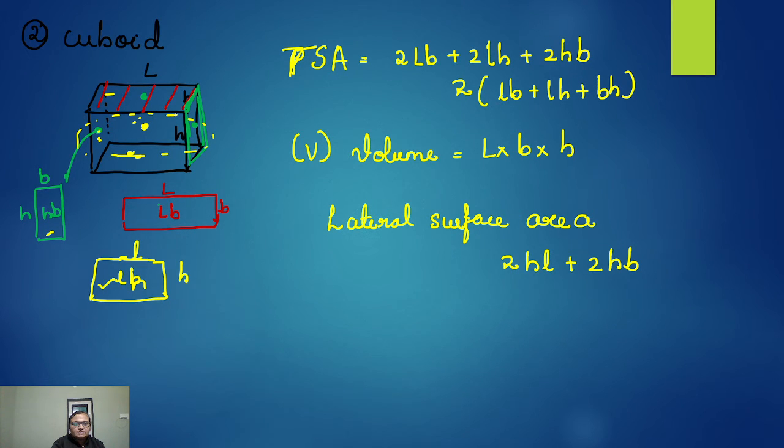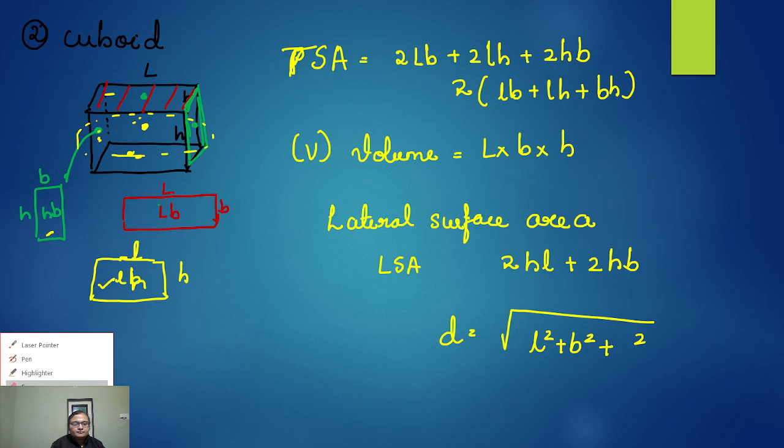That is these 4 sides, the lateral surface area, and the diagonal will be the root of L square plus B square plus H square. Sorry, this will be H. And next is very important, the cylinder.